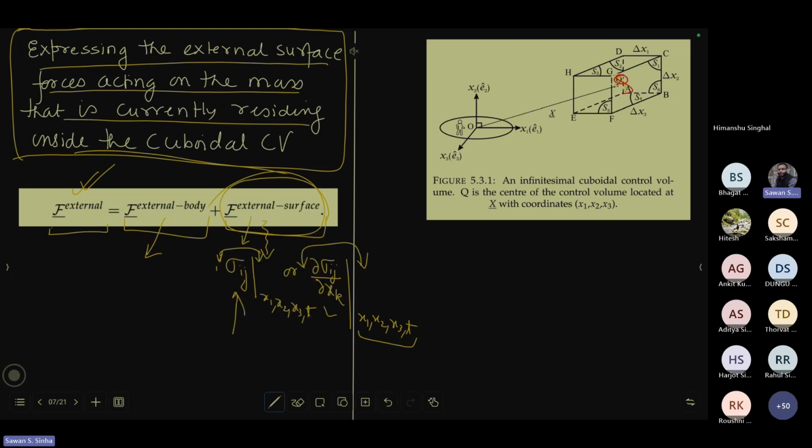This is x. Mind you, the meaning of x changes from slide to slide, depending on the context. When I have brought back my cuboidal control volume, x is the position vector of the centroid of this control volume.